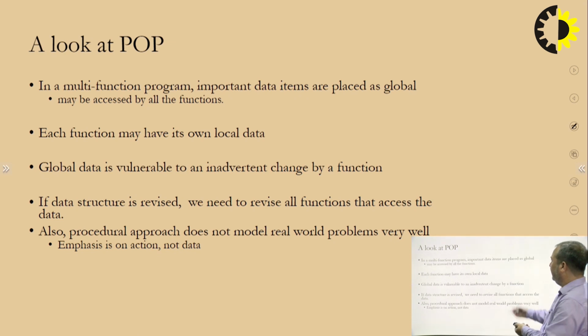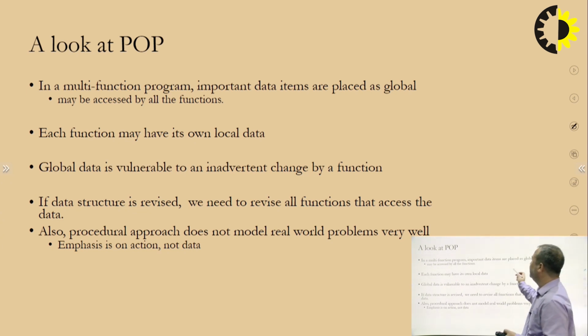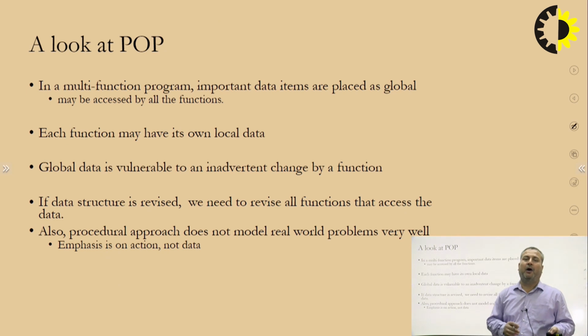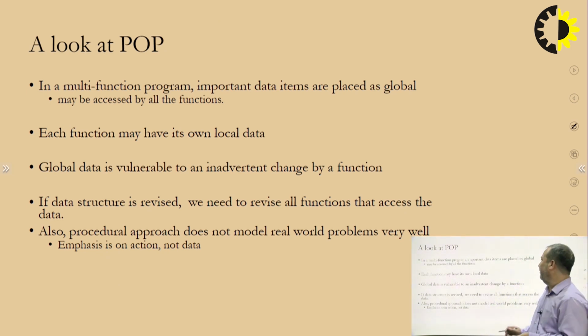Okay. Further, if we talk about procedure-oriented programming, in a multi-function program, important data items are placed as global, meaning global variables, right? If many functions are using some data, that data could be declared as a global variable, and that global variable can be accessed by all functions of the main program, right?